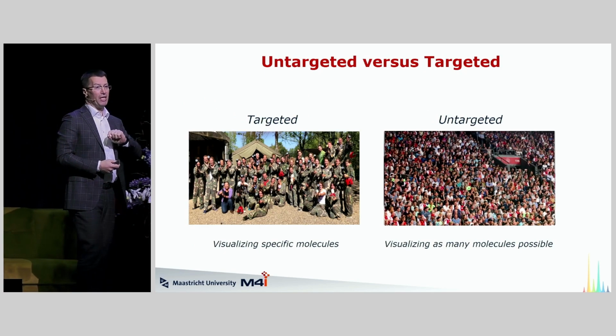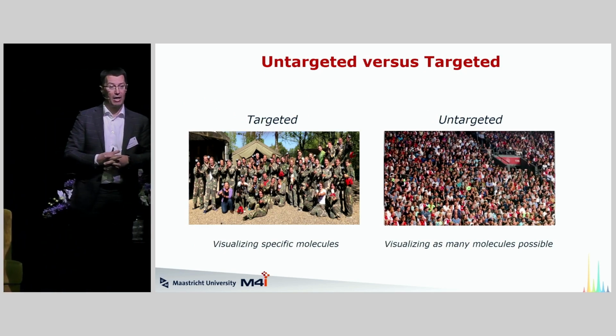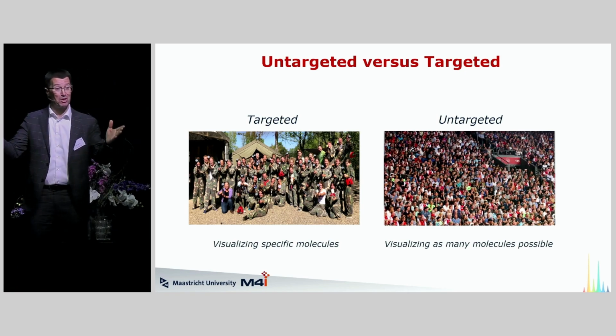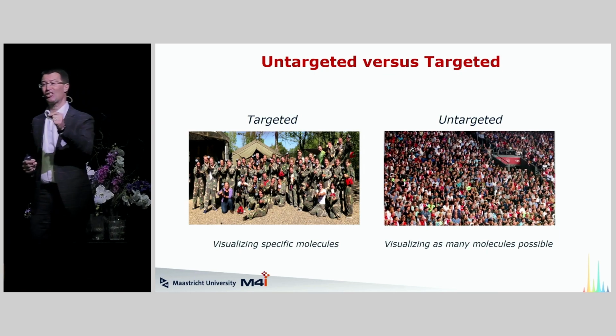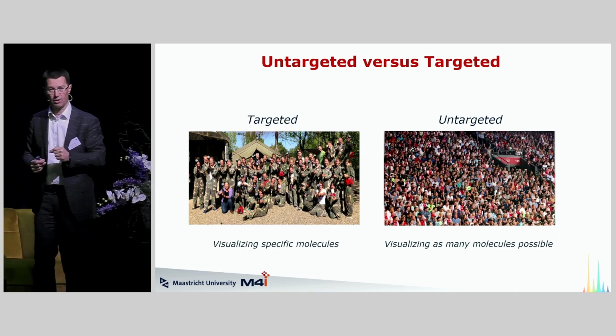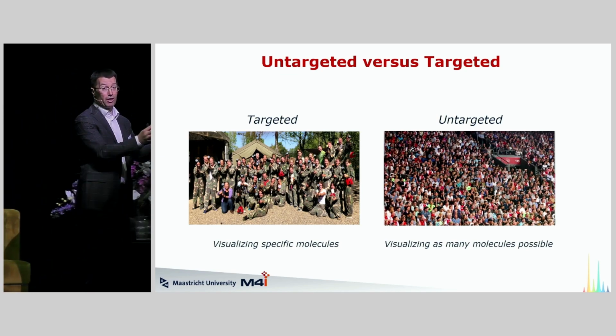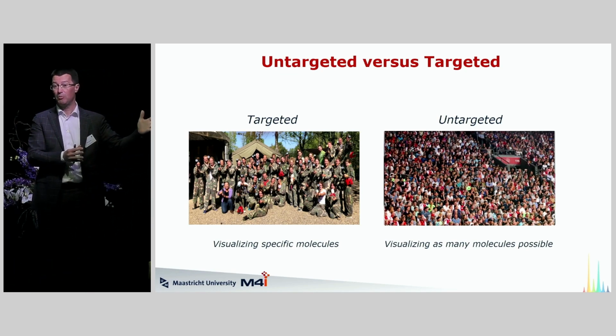I want to point out one thing, because you've heard Yvonne talk about mass cytometry. And that's a great imaging mass spectrometry tool that targets specific proteins. And I want to make that distinction very clear, that on the one hand, we have very targeted approaches where we label our antibodies.